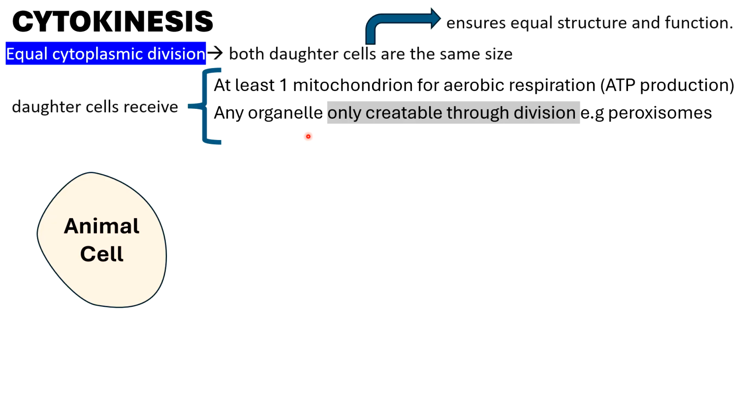Now, any organelle only creatable through division, such as peroxisomes, okay? So some organelles cannot be created when the cell is already born, okay? So the cell cannot produce them. They can only be produced through division. So the daughter cells will obviously need to receive these if they want to live on.